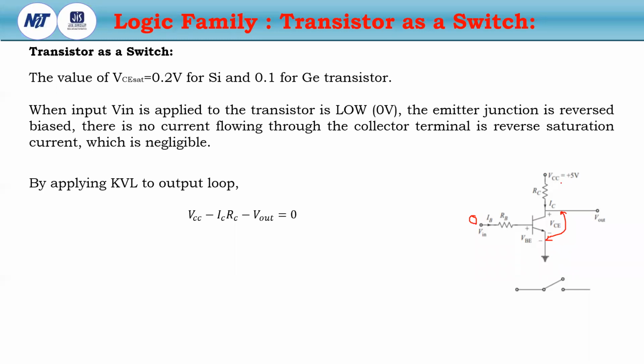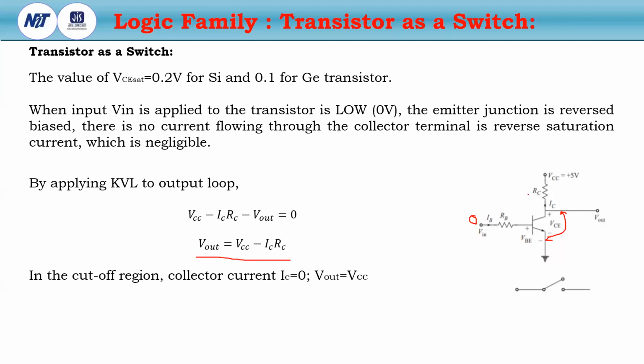If we take the KVL, that is VCC minus IC into RC minus Vout is equal to 0, then we will get Vout is equal to VCC minus IC into RC from this circuit.